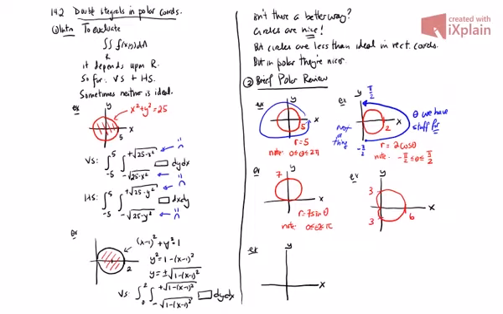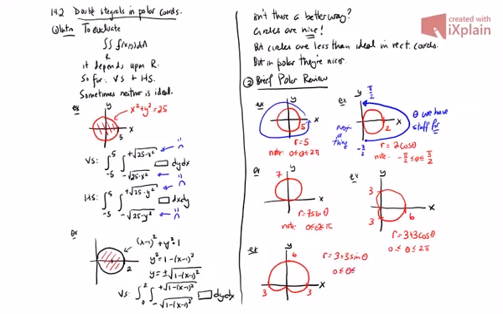This is r equals 3 plus 3 cosine theta, where theta goes from 0 to 2 pi. And this one goes above. There are a few other options, but this is good for now. This is r equals 3 plus 3 sine theta, 0 to 2 pi.